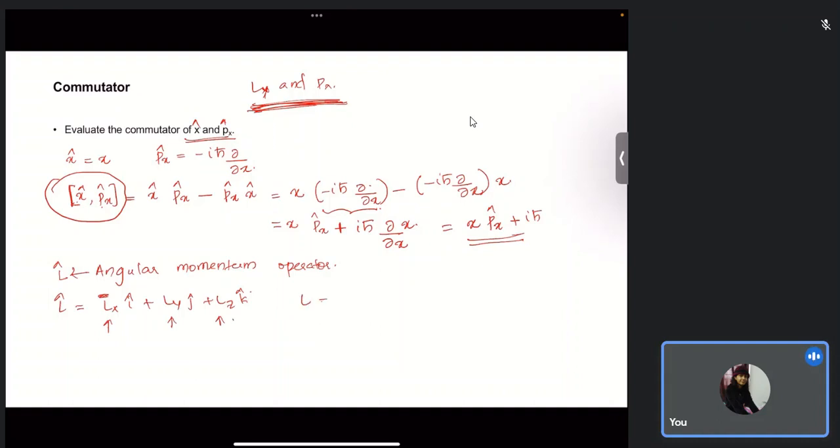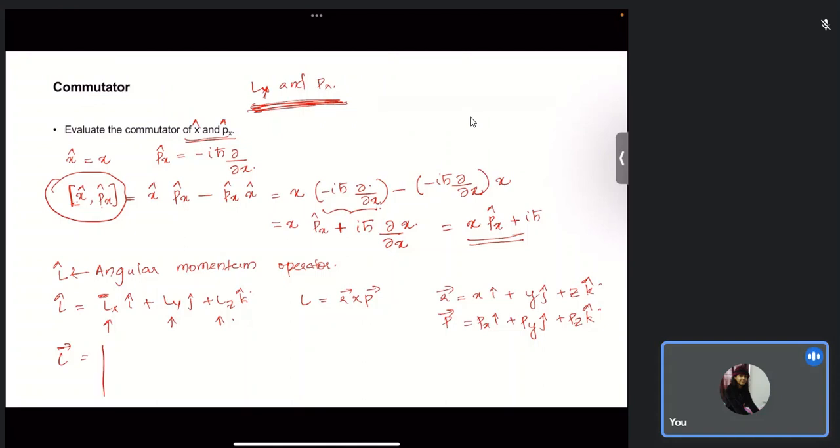So L is basically R cross P, where R is x i cap, y j cap, z k cap, and P is Px i cap, Py j cap, Pz k cap, and we'll calculate the L vector or L cap vector depending upon whether it is a unit vector or not.